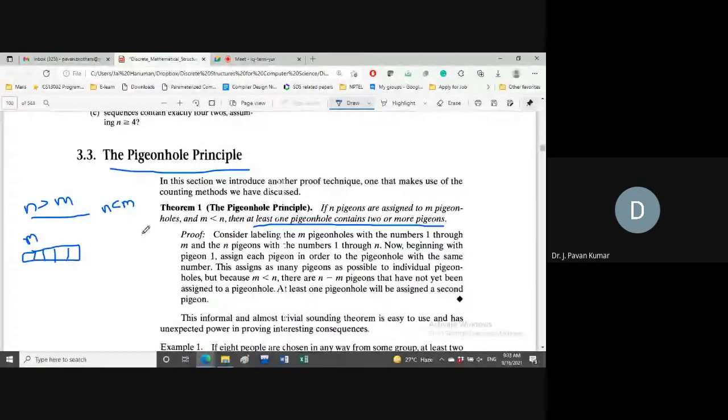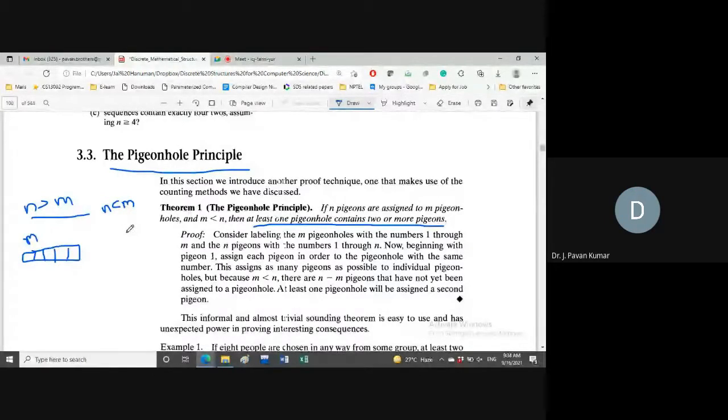What can it be? If n is less than m, that is, less number of pigeons we have compared to the number of pigeonholes, then what can we guarantee? Every hole may contain one pigeon. At least one hole will be empty. Yes, that is the guarantee.